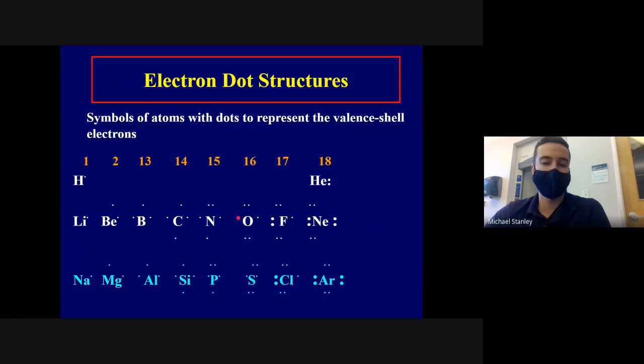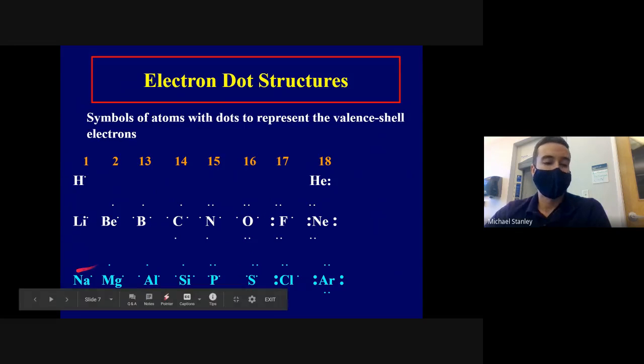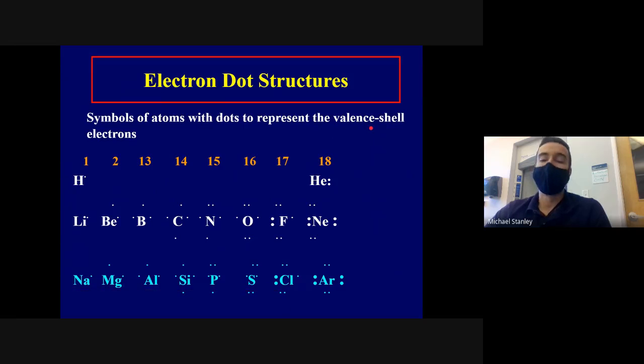Oxygen has 6, so there are 1, 2, 3, 4, 5, 6 little dots. Sodium has 1 valence electron, so it has 1 little dot. The little dots around the symbol just represent the valence shell electrons, instead of showing the first shell and the second shell if you don't need to.